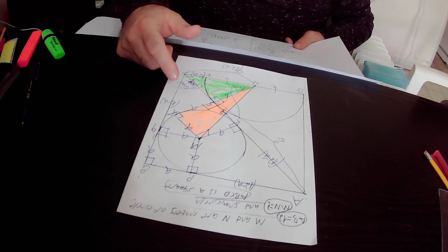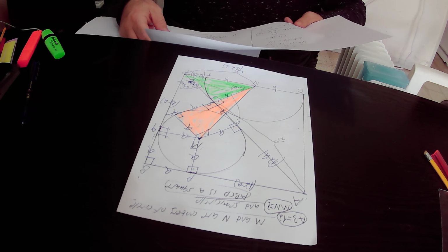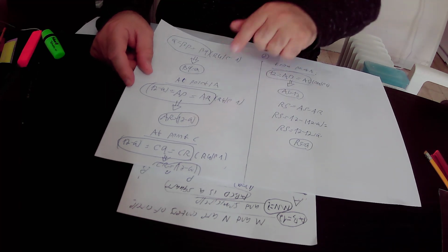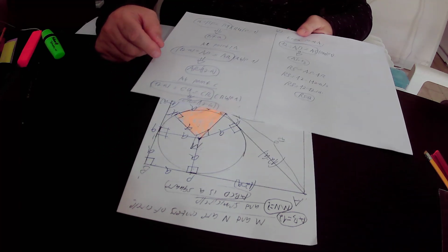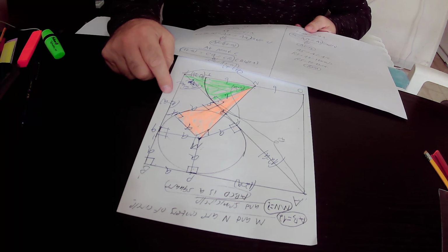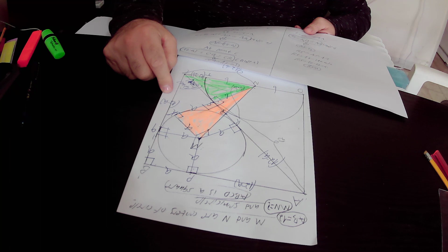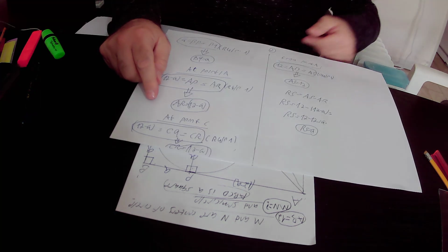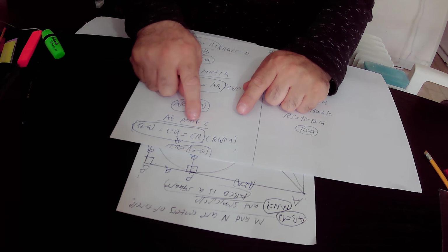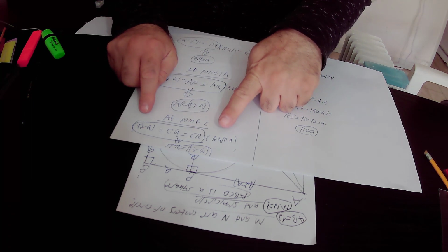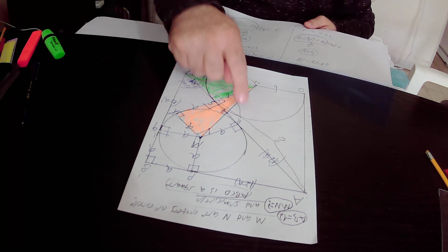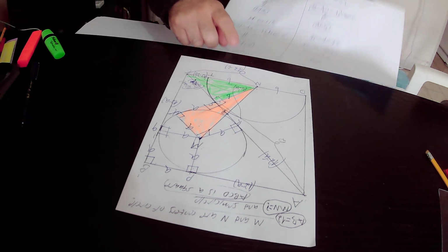That is to say, CQ equals CR. But here, we have already found out that CQ is equal to 12 minus A. So from this equation, 12 minus A equals CQ equals CR, we will conclude that CR is also equal to 12 minus A. So we can write here that CR equals 12 minus A.